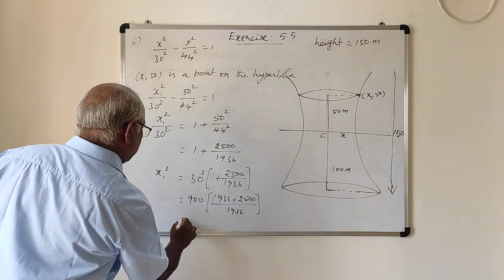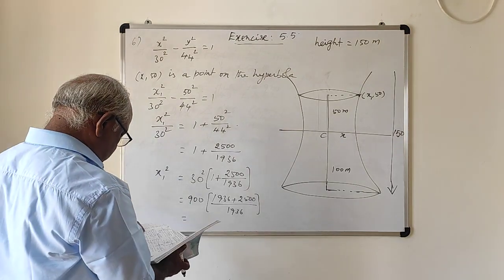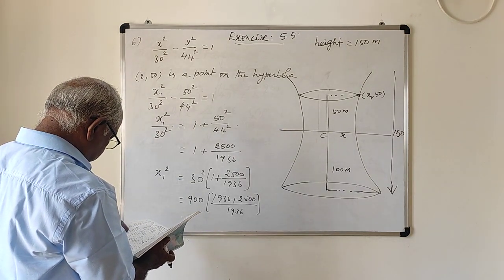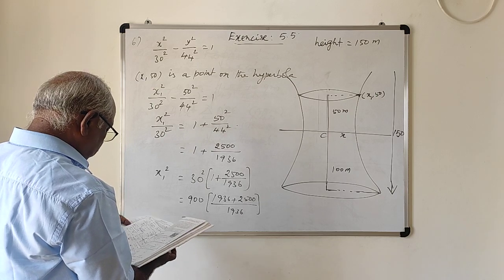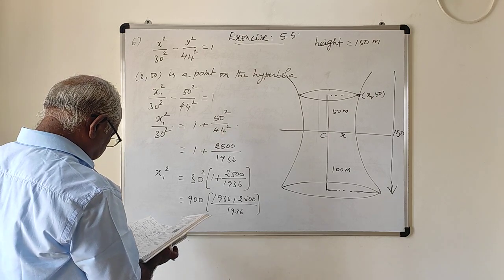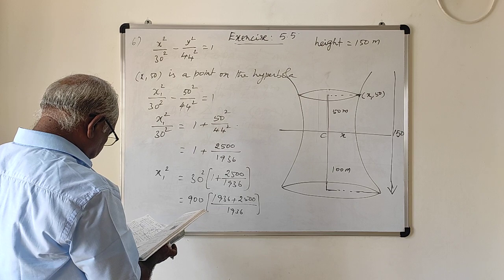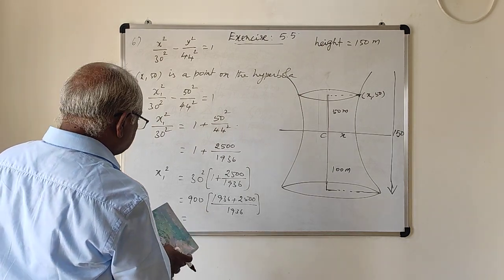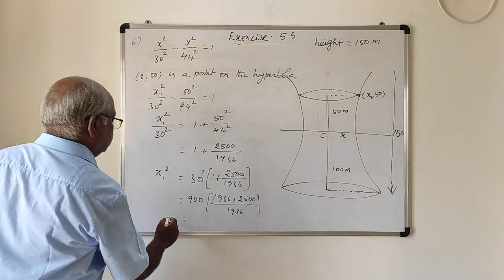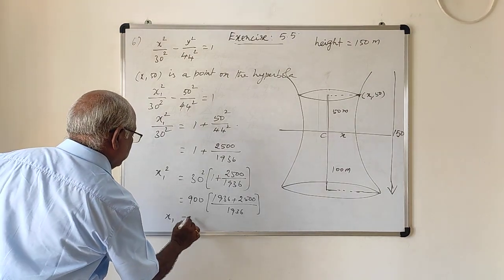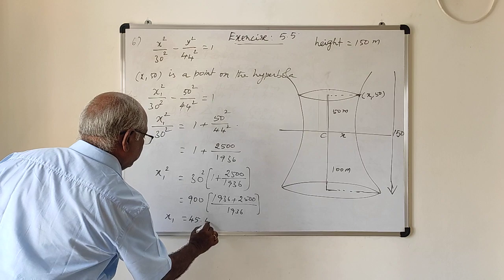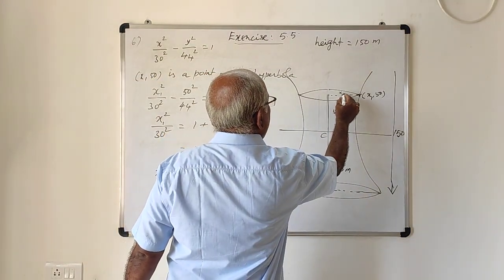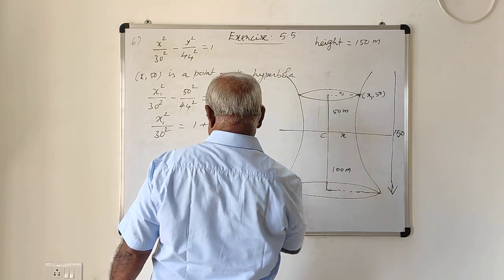On simplification, x1 square is equal to 45.41 squared, so x1 equals 45.41.